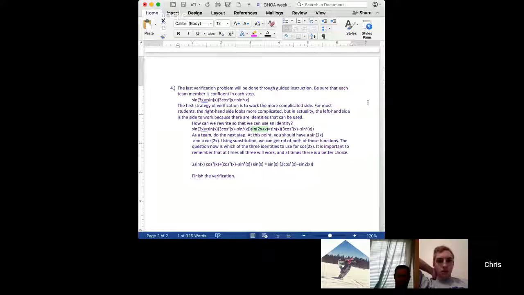Did she just divide it out? Because it would be sine over sine, which I don't think would get us cosine 2x. Well, you can combine the two sines on the right side of the equation. Let me look up those identities so we can actually know what we're doing. That might be a good idea.